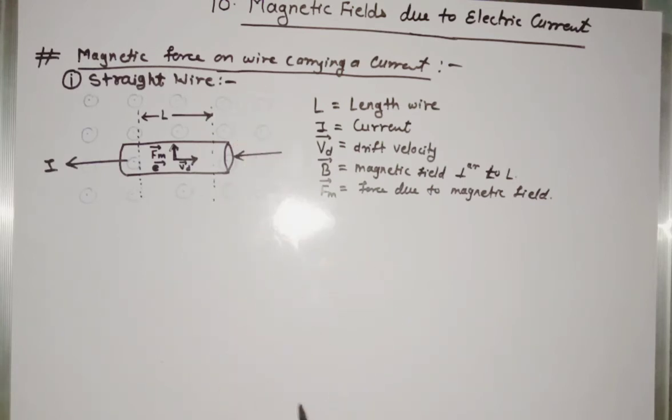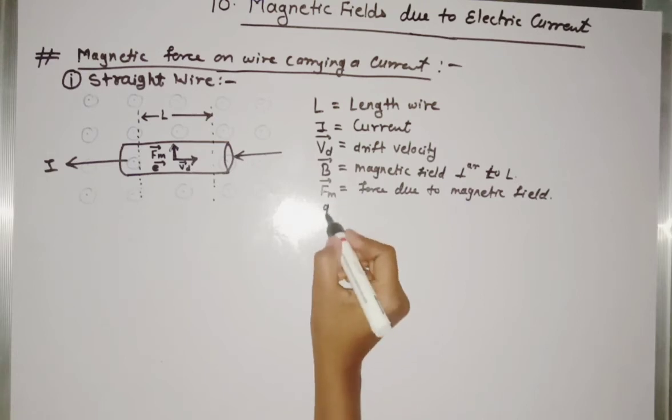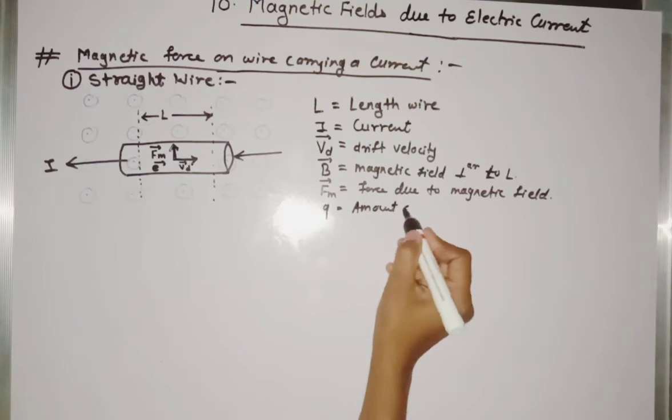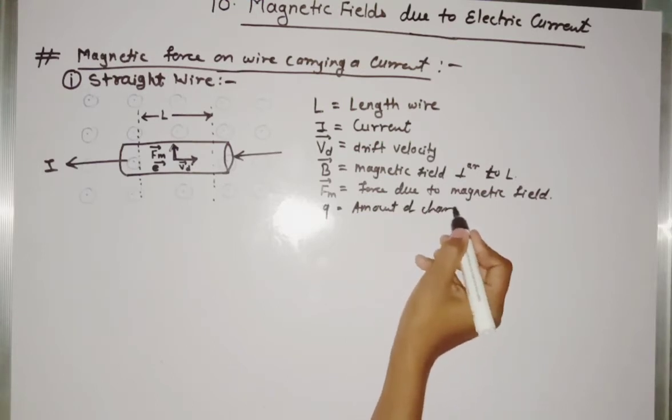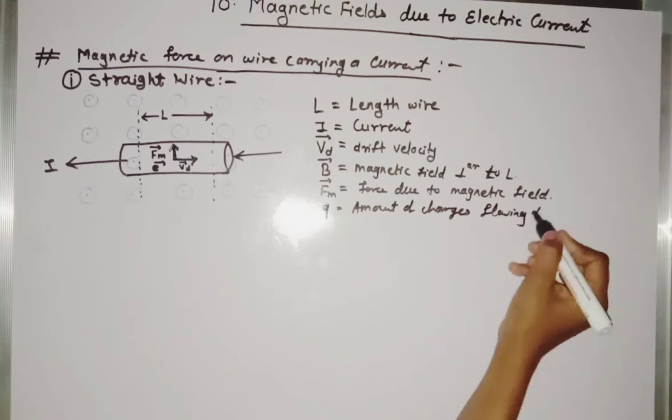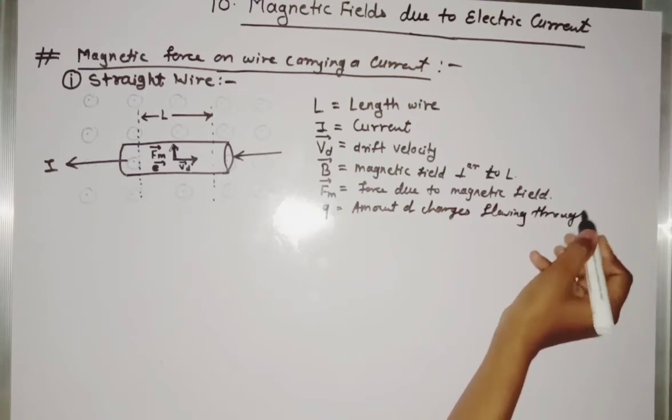As we know, if I is the current flowing through a conductor, Q is nothing but the amount of charges flowing through the conductor.